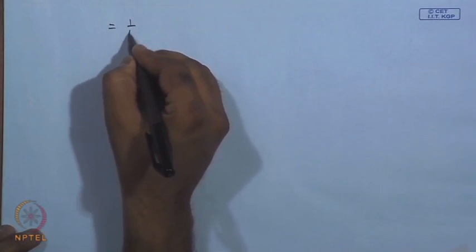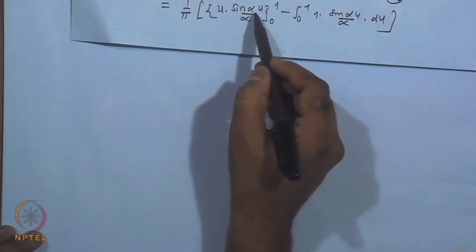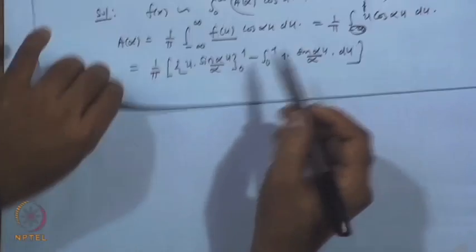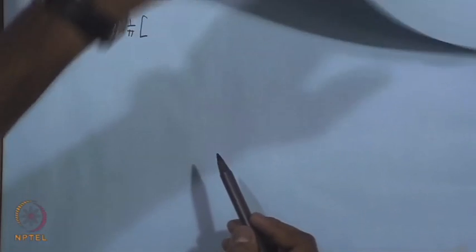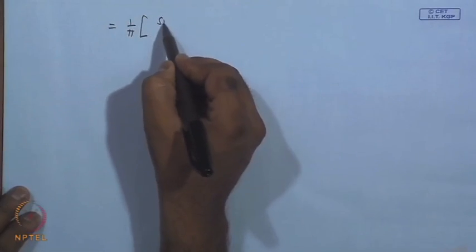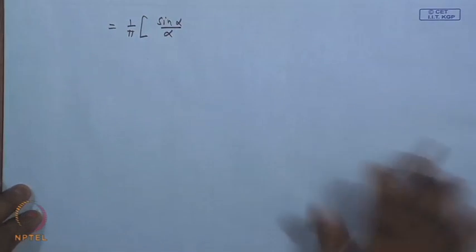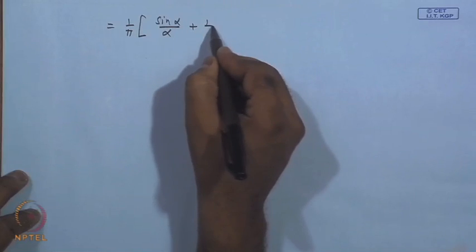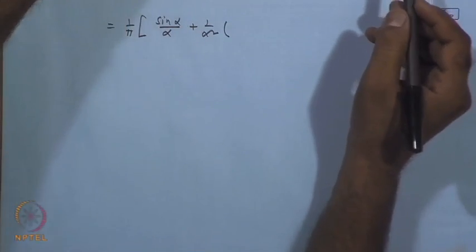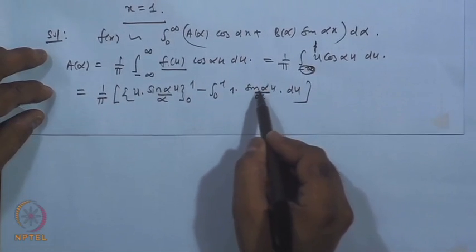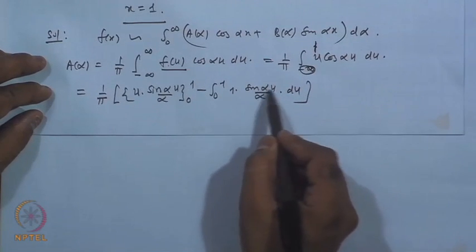So, we go further. We have 1 over π. When u is 1, we have sin α over α, and at 0 it will be 0. So, we have sin α over α plus 1 over α squared; once we integrate again, we get 1 over α squared times cos αu.